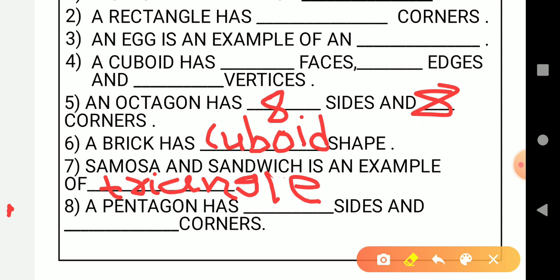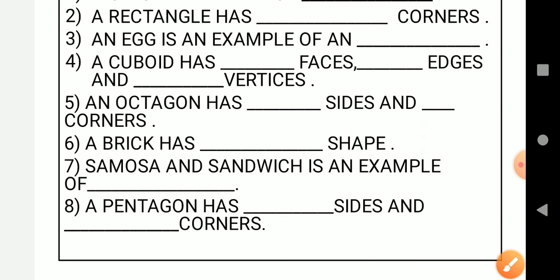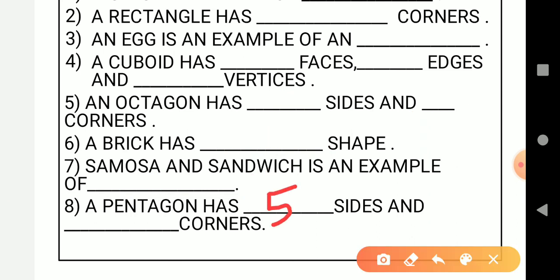Penta means 5. So a pentagon has 5 sides and 5 corners. Understood?